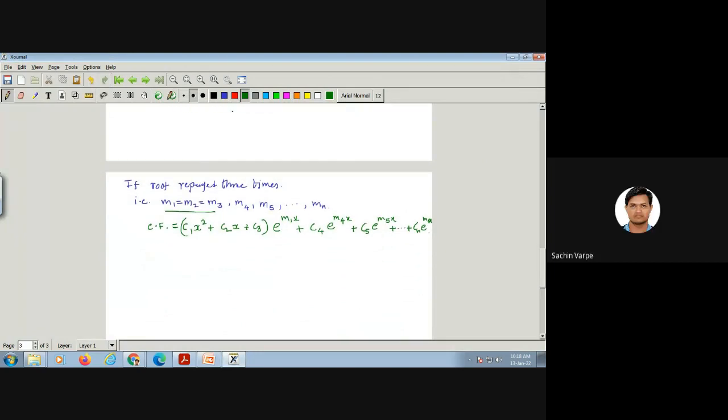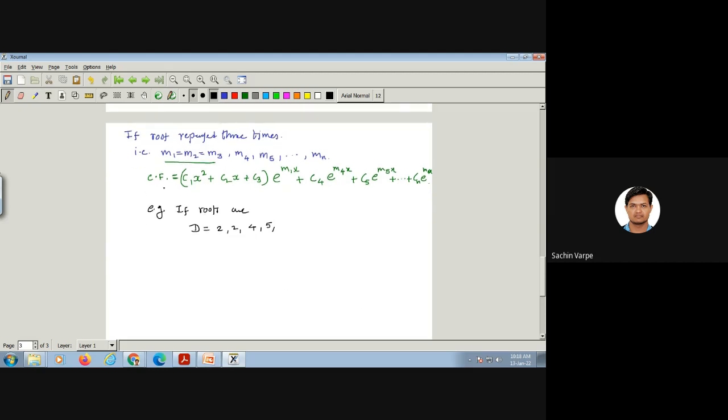So suppose for example, if I have roots like this, say D equal to 2, 2, 4, 5, then what will be the complementary function? The complementary function CF is equal to, first I'll write the formula for the repeated root.